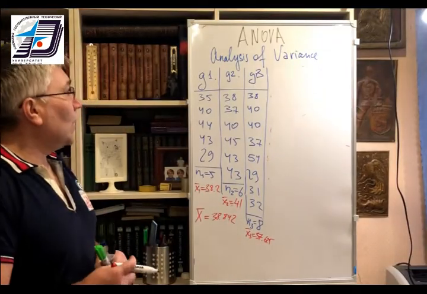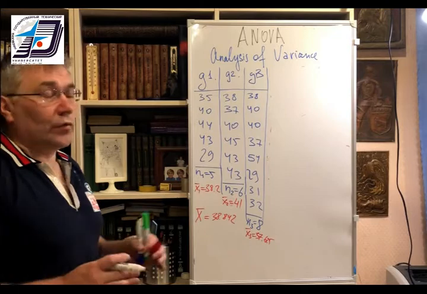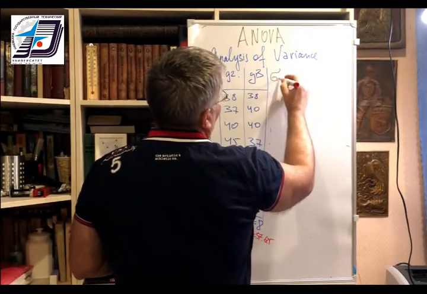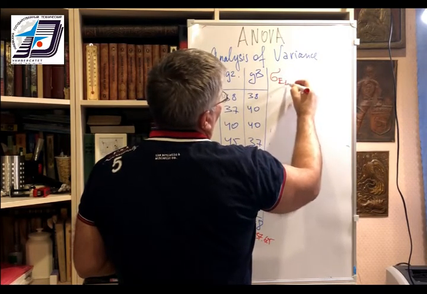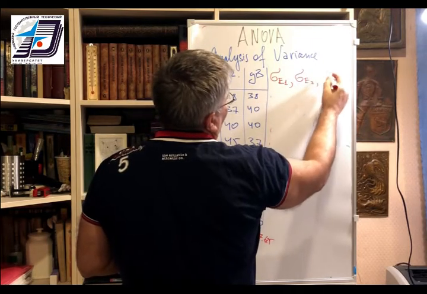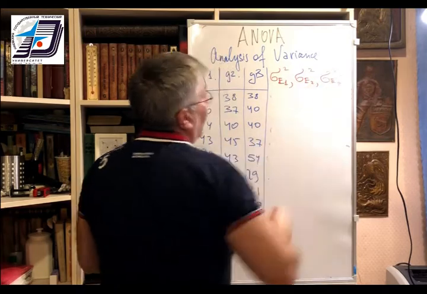And now we have to calculate the variances. They have 3 natures. The first one is error variances. We have error 1, 2, and error 3 squared.